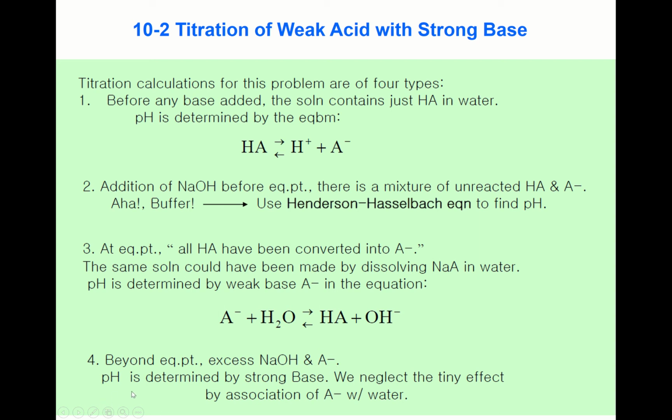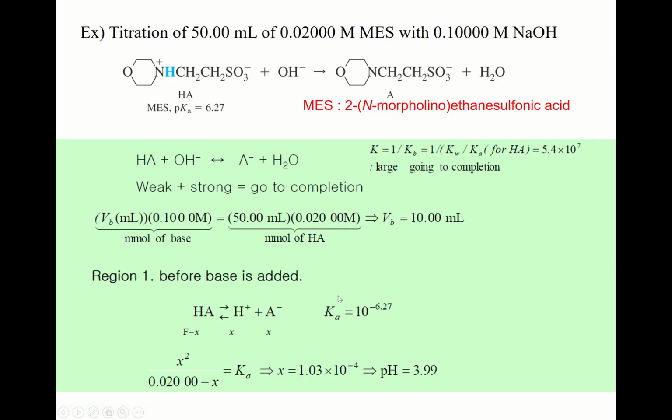So the pH is determined by the strong base. We neglect the tiny effect of the reaction of this anion with water. So we divide the titration curve into four parts: initial pH, before the equivalence point, at the equivalence point, and beyond the equivalence point.